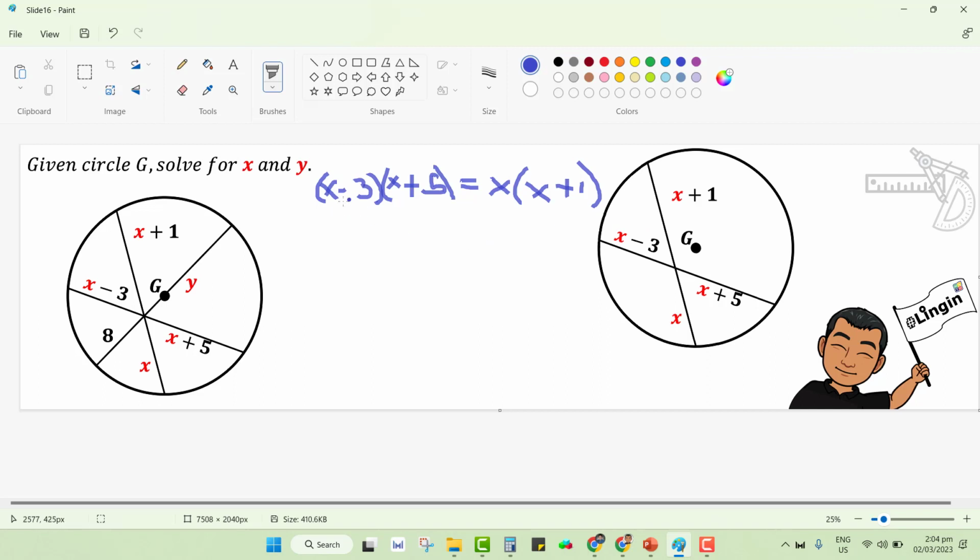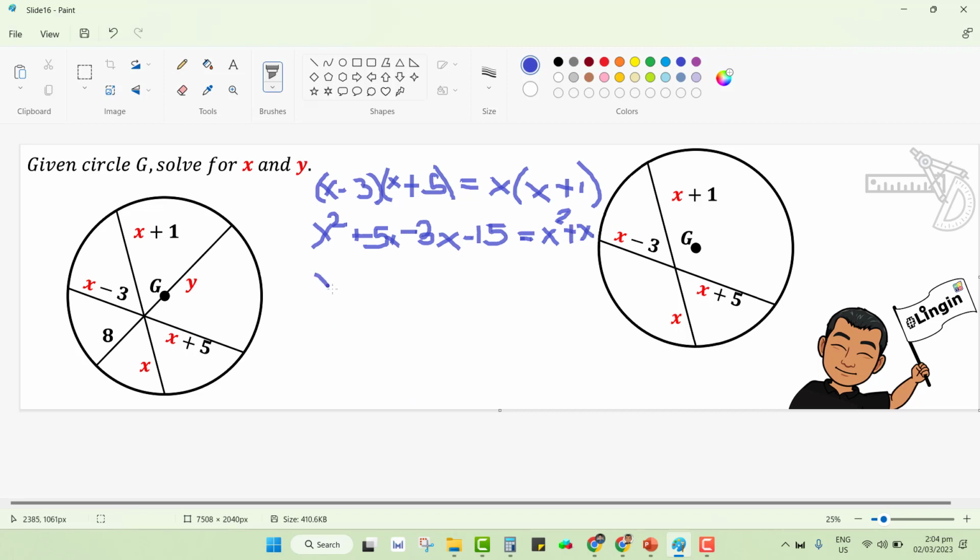So here, using the FOIL method, you'll have x squared plus 5x, but minus 3x and minus 15, is equal to, using the distributive property, x squared plus x.